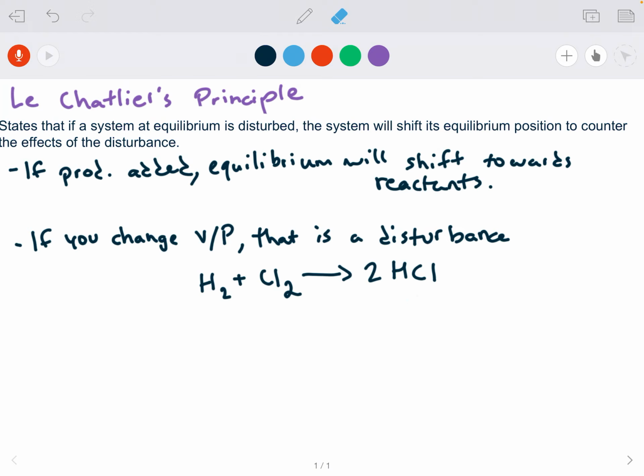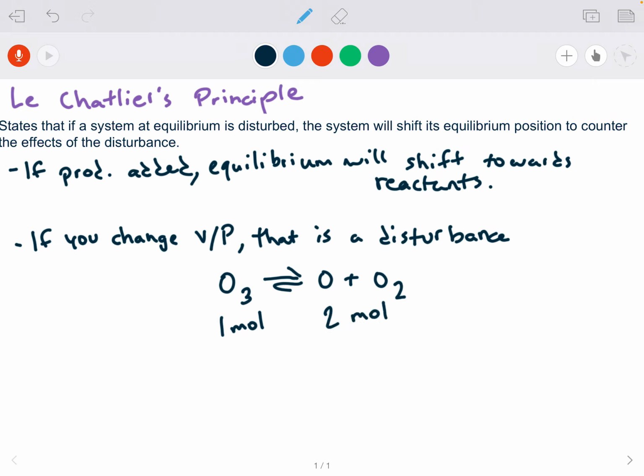But if instead I were to have a reaction where it did change, let's say I have the breakdown of O3 in equilibrium with O plus O2. In this case, you have 1 mole of reactant and 2 moles of product.